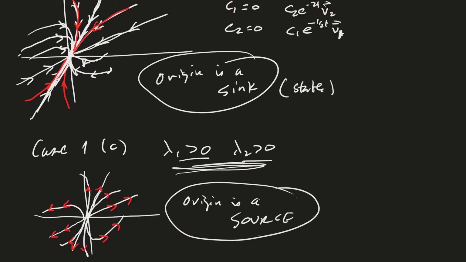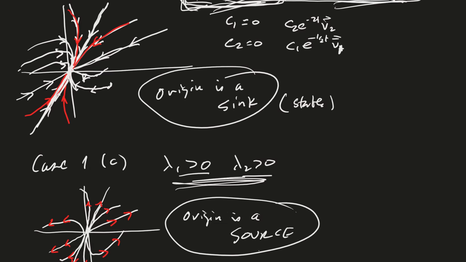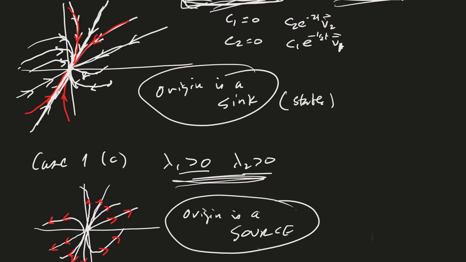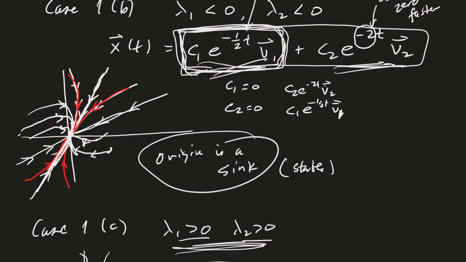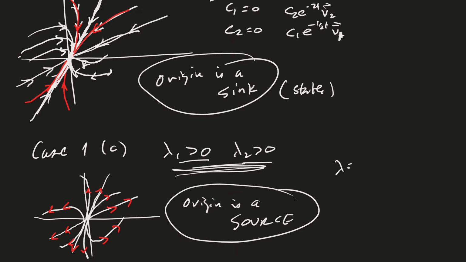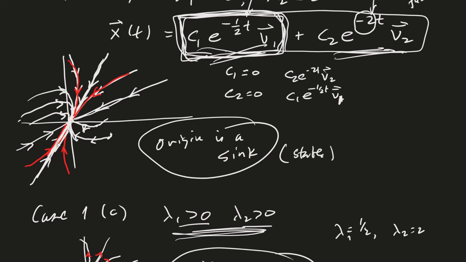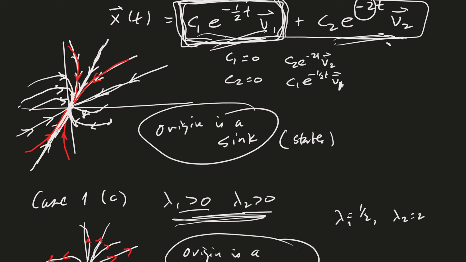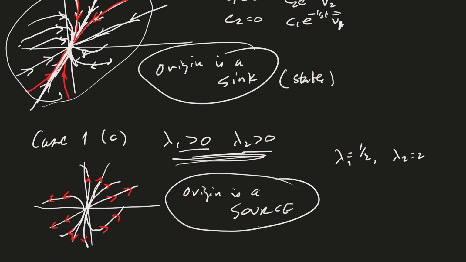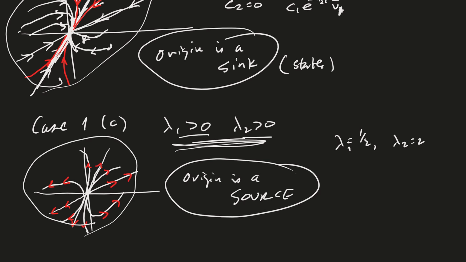And the way to draw a source is to first draw it as if it were a sink. Think about what would happen if I had lambda 1 equals 1/2 and lambda 2 equals 2. And so negating those would give me the previous case. So I would go ahead and draw this picture without the arrows, and then the arrowheads would just come in reversed. Okay, and that would give me the source. So it's a lot easier to draw a sink than it is a source.